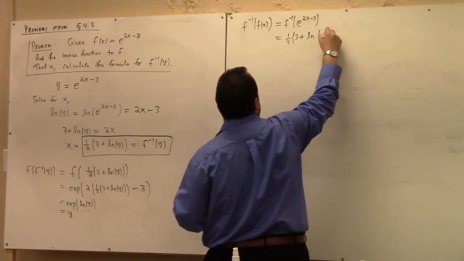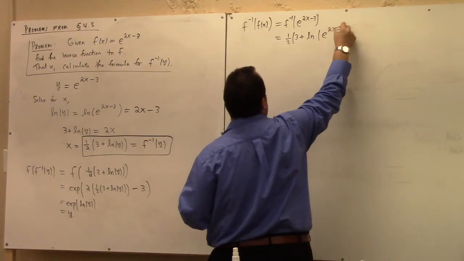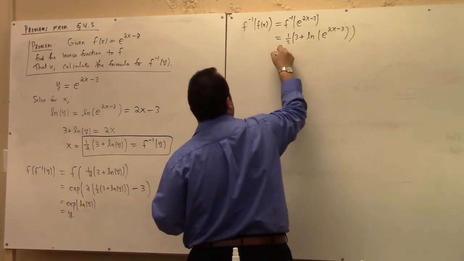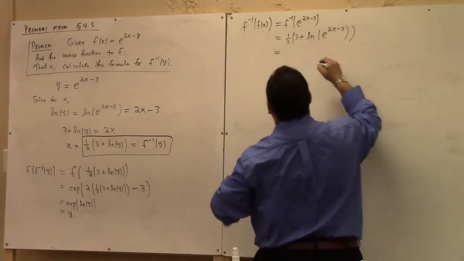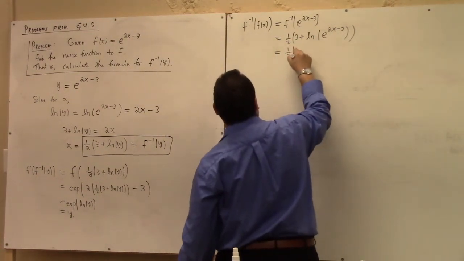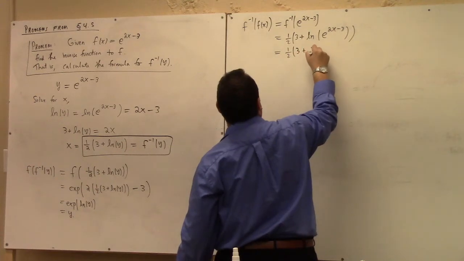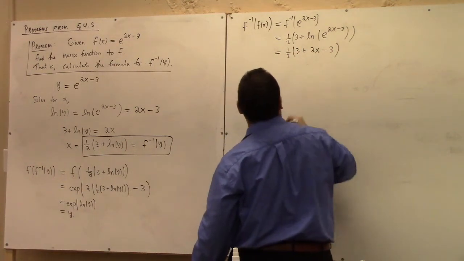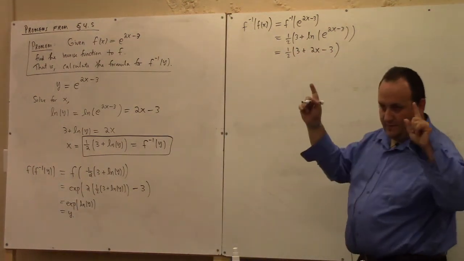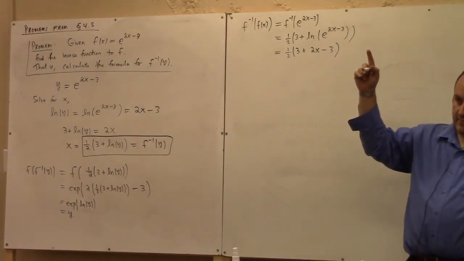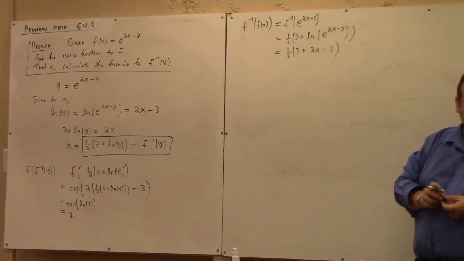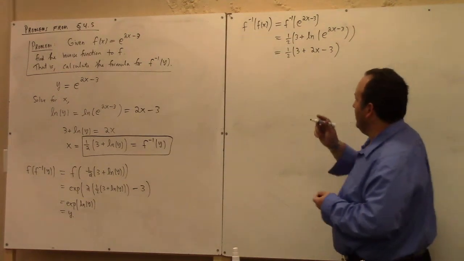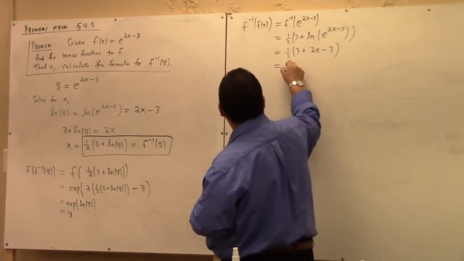In this case, the input is 2x minus 3, right? So what happens there? The natural log and the e cancel. We've got 1/2 of 3 plus 2x minus 3. The 3 and the minus 3 cancel. And then we get half times 2, otherwise known as 1. So again, we get x.